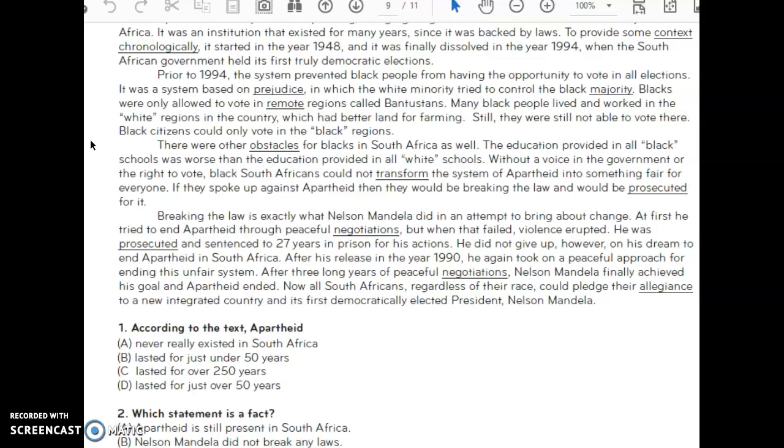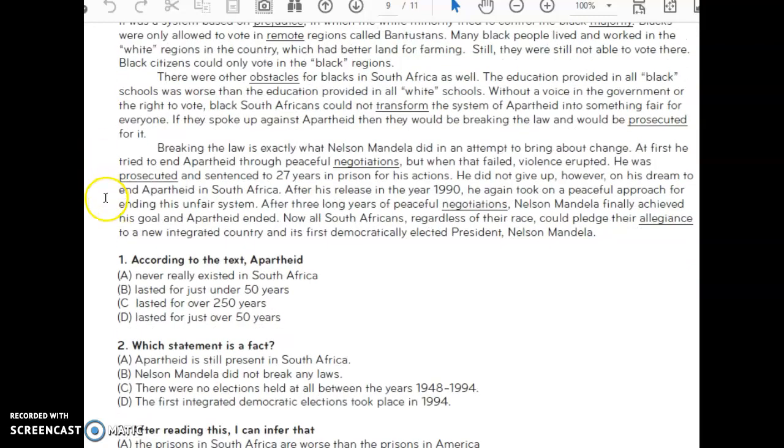If they spoke up against apartheid, then they would be breaking the law and would be prosecuted for it. Breaking the law is exactly what Nelson Mandela did in an attempt to bring about change. At first, he tried to end apartheid through peaceful negotiations, but when that failed, violence erupted. He was prosecuted and sentenced to 27 years in prison for his actions. He did not give up, however, on his dream to end apartheid in South Africa.